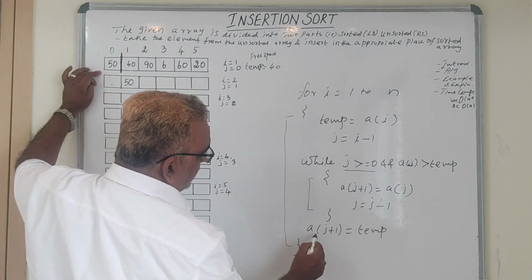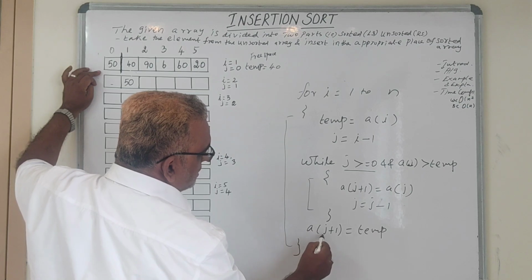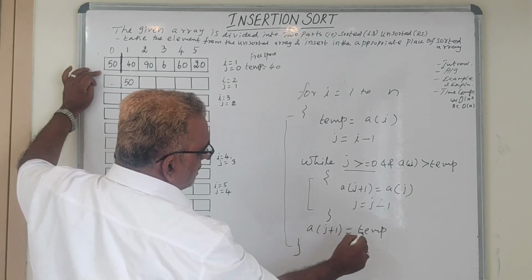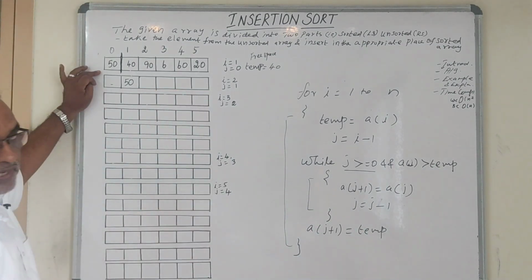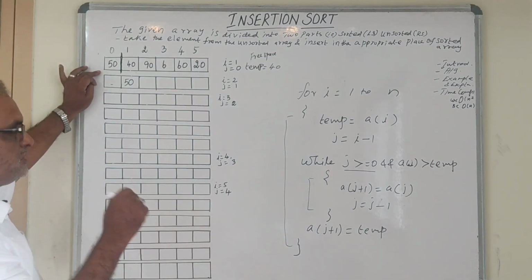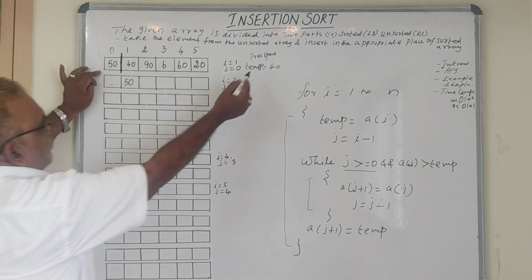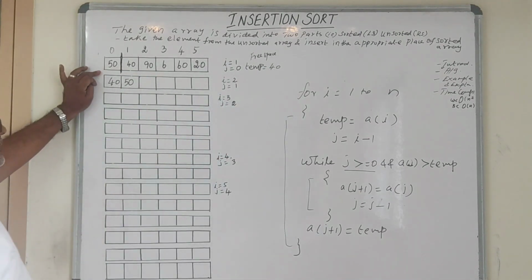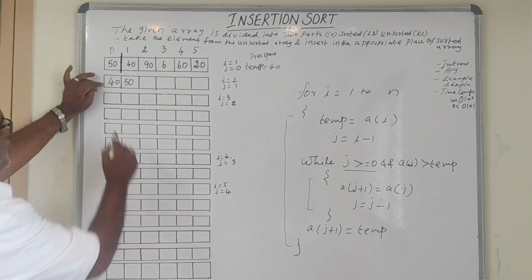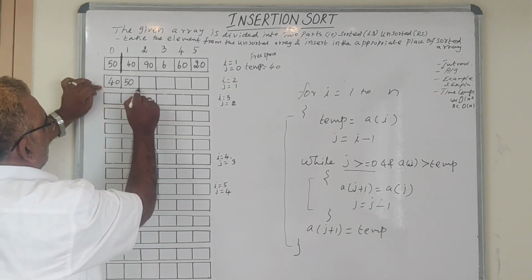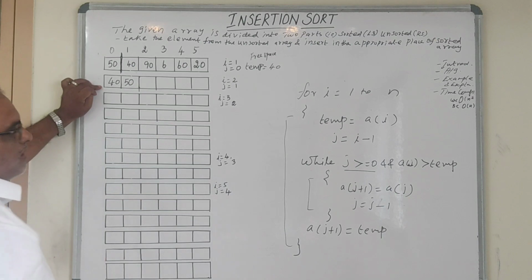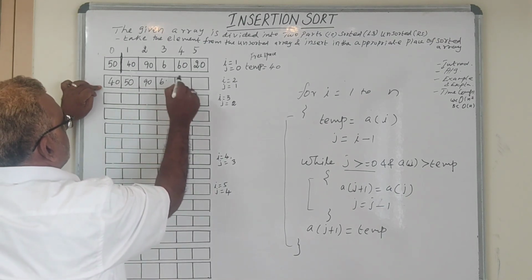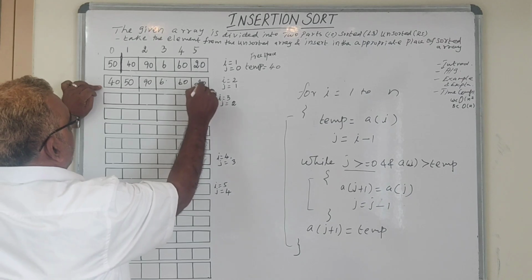So we do the operation a of j plus 1, that is minus 1 plus 1, which is 0. The temporary value, 40, will be stored in a of 0. So two elements are sorted now, up to this point. The remaining values are as they are: 90, 6, 60, 20.